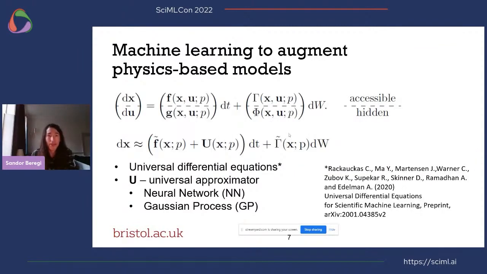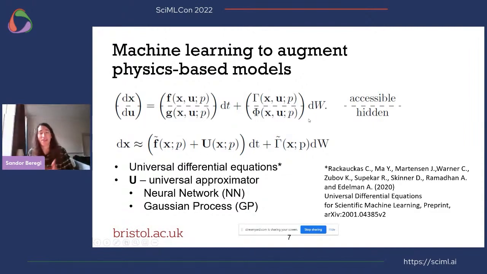So if we take a look at what our model looks like in terms of equations, then from the point of view of an experiment, at least to me, it makes sense to divide the system into an accessible and a hidden part. Basically, the accessible part means all the state variables and everything about the system which we can measure. But as I said earlier, there are always going to be some neglections.